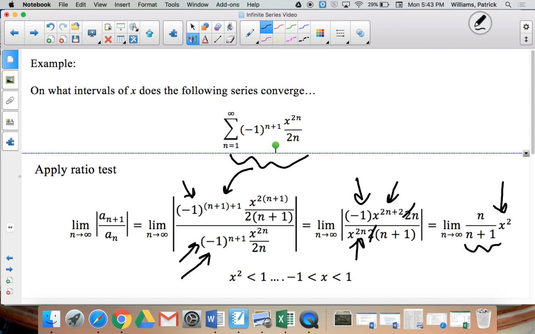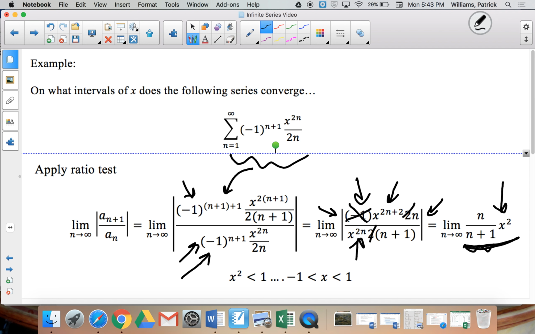Now notice that if we have the absolute value sign around this entire ratio, that makes that negative 1 go away because it's going to make everything positive. And n is always going to be positive, n plus 1 will always be positive, x squared will always be positive. So when we do that, we end up getting just this term right here, and we don't need the absolute value signs anymore because everything in there is going to be guaranteed to be positive. Okay, so again, remember, we want this ratio to be less than 1 for the series to converge.